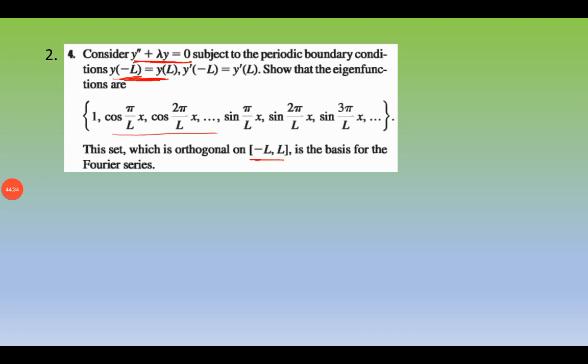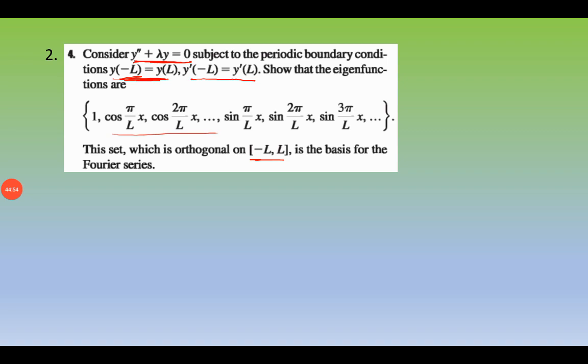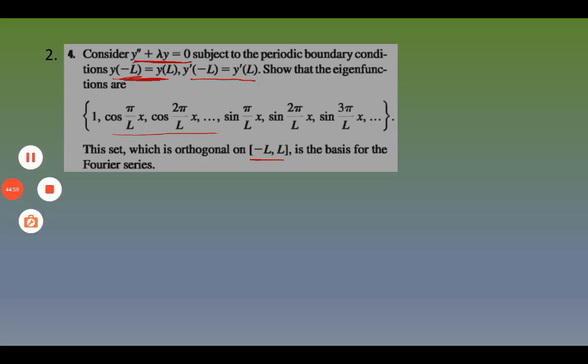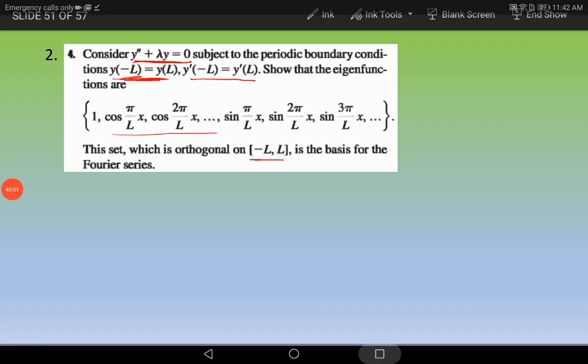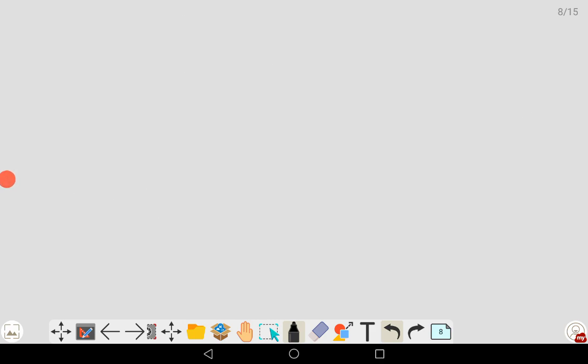Now we have to find the solution for this one: y double dash plus lambda y is equal to 0. Two boundary conditions have been given. Let me write the problem on a separate sheet.